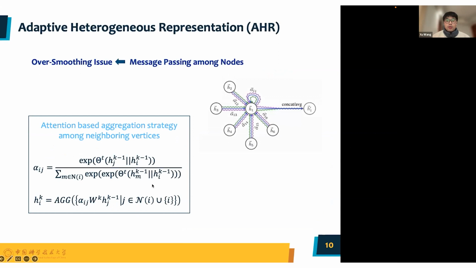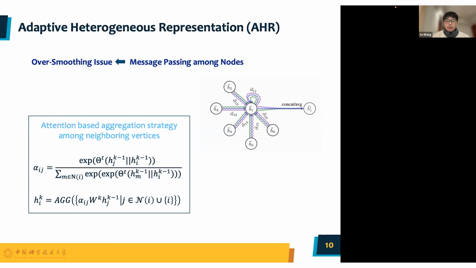We find the oversmoothing issue of GCN results from the message passing strategy among nodes and the data flow between layers. Thus, we propose adaptive heterogeneous representation module, which applies attention and gated mechanism for tackling oversmoothing issue.